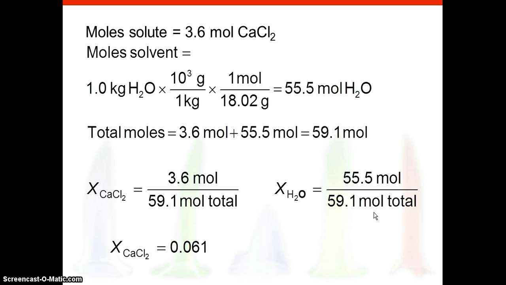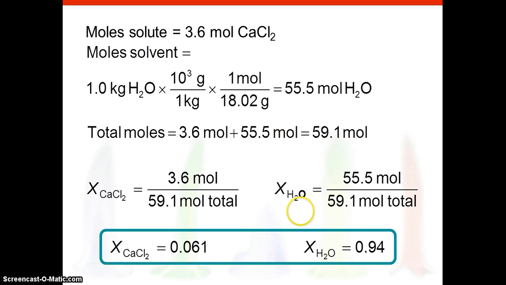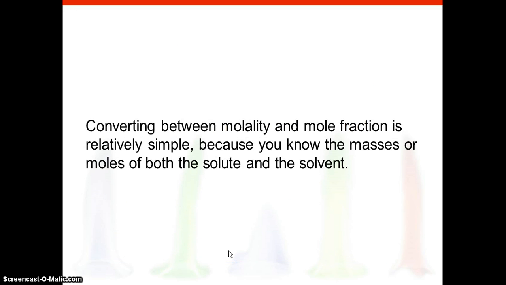So the mole fraction of CaCl2 is 0.061 and the mole fraction of H2O is 0.94. So if molality is given, we can convert into moles and then into mole fraction. We can convert between molality and mole fraction. It is relatively simple because you know the masses or moles of both solute and solvent. So it's easy to convert.